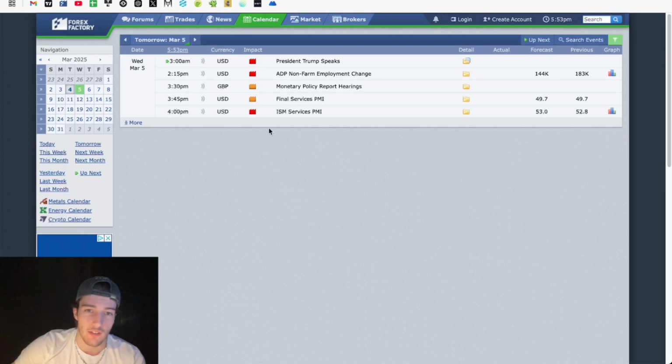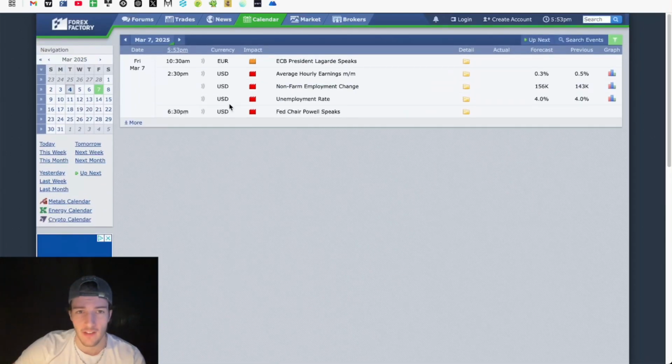On Wednesday, I don't know if I'm gonna trade or not. I'm probably gonna upload a video if I'm not even gonna take a trade, and if I do take a trade, then it's gonna be a de-risked half percent trade, probably a low probability trade. Friday, we will see. Some high impact news here also during New York Open.